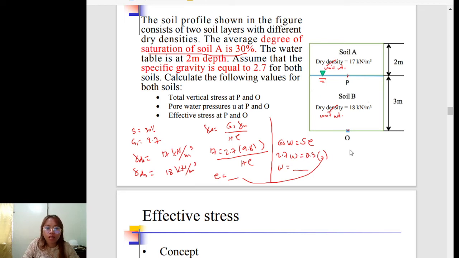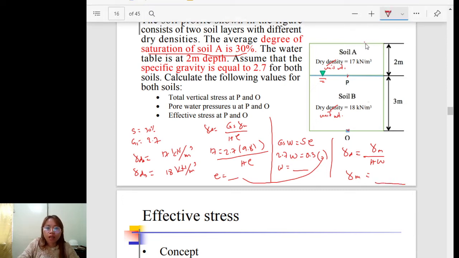Dayon, pag makuha na ang water content diha, proceed to this formula. The dry unit weight is equal to moist unit weight over 1 plus moisture content. Since nakuha na nimo ang moisture content diri, then naa kay given nga dry unit weight of soil A and B, then you will get the moist unit weight.